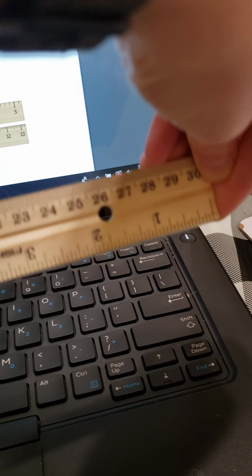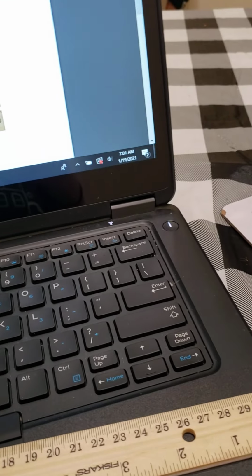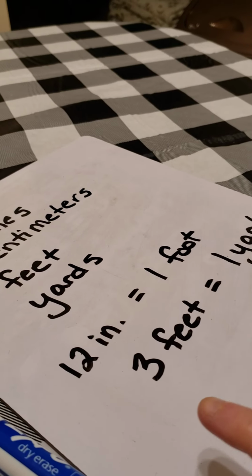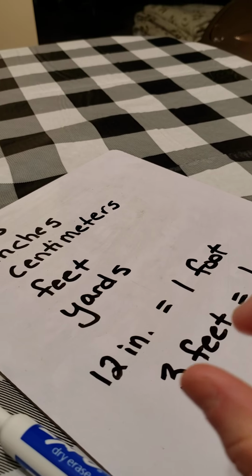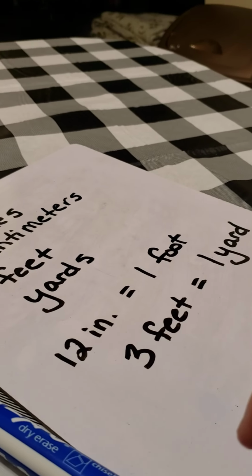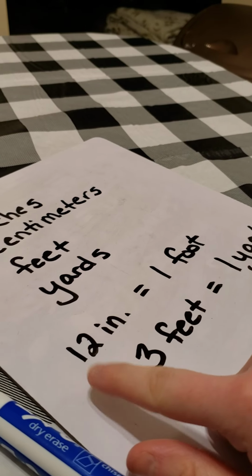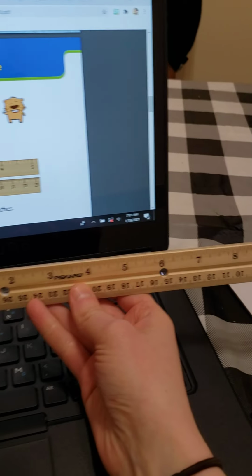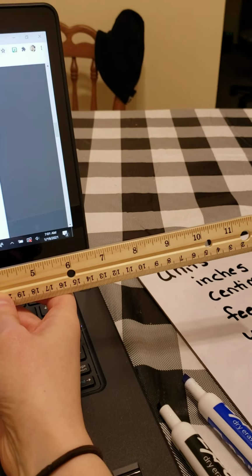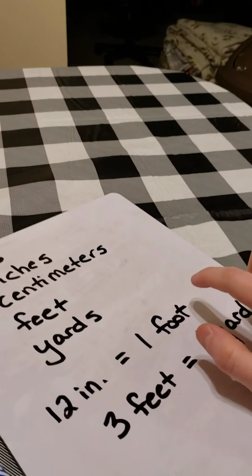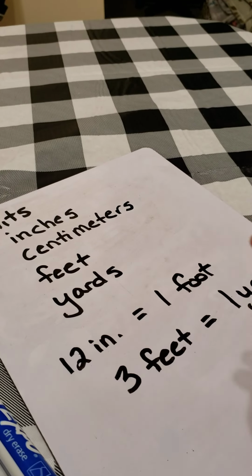We know that there are 12 inches on my ruler, and one whole ruler equals 1 foot. So in 1 foot, there are 12 inches.